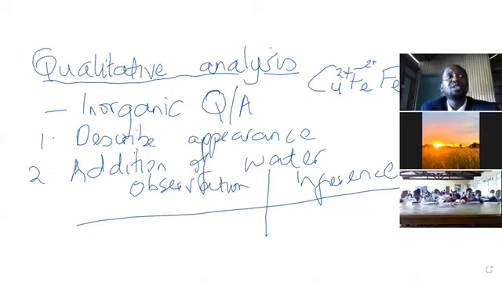Remember, you do not say it forms a precipitate. A precipitate is formed from solutions. A suspension is formed when you are adding an insoluble solid to a solvent. So here you use the word suspension.